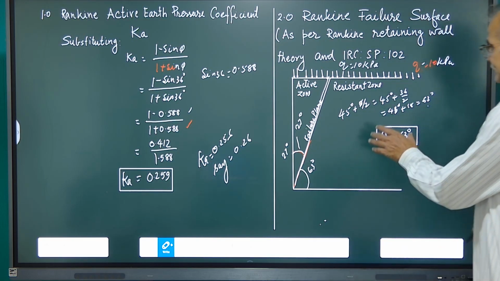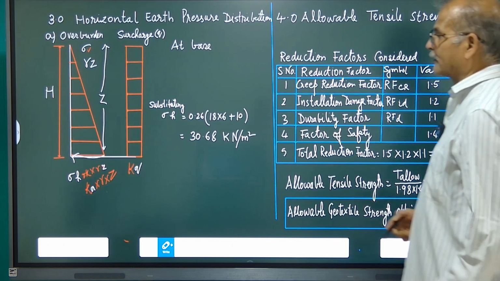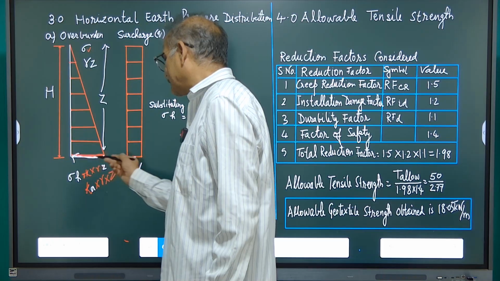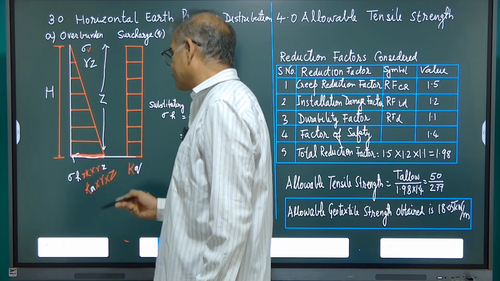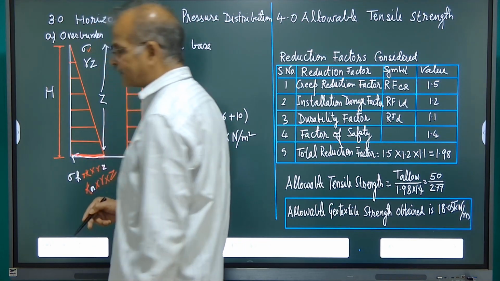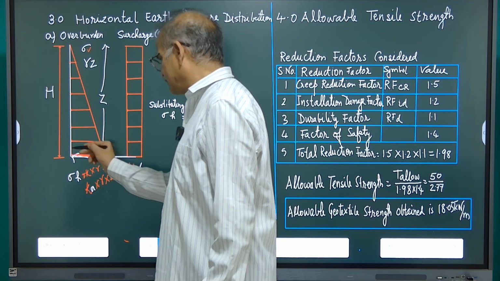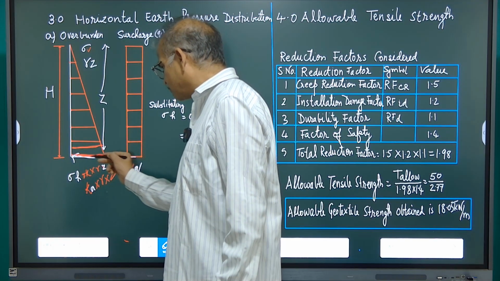Having found this, we should determine what will be the pressure at the base, क्योंकि सबसे ज़्यादा स्ट्रेस इस लेयर पे होगा. So we can find out what will be the pressure at the base. Generally 5.5 पे पहली जो टेक्सटाइल होगी, but for all calculation purpose we can go with the extreme.